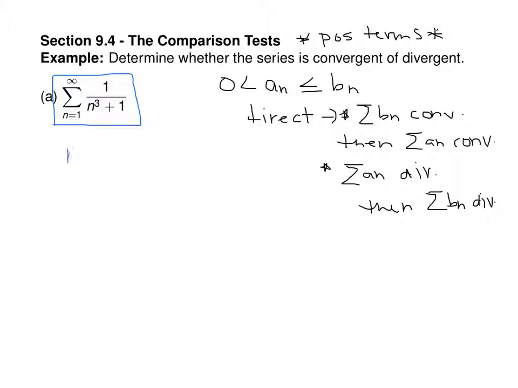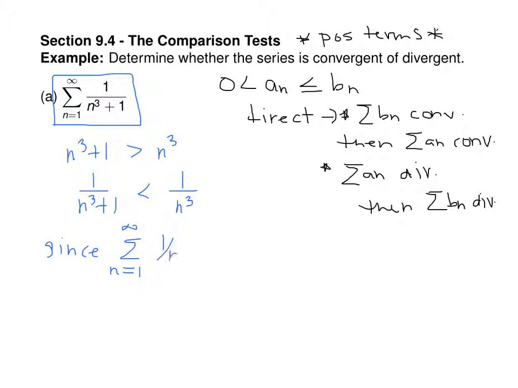So notice that n cubed plus 1 is bigger than n cubed, and so 1 over n cubed plus 1 is less than 1 over n cubed. And since the sum from n equals 1 to infinity, 1 over n cubed converges, it's a p series with p equal 3.